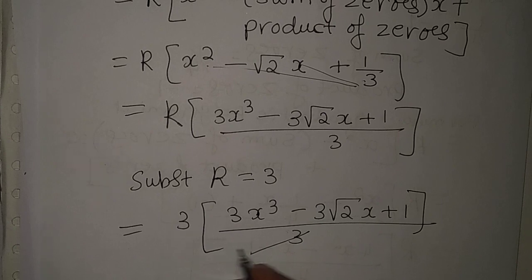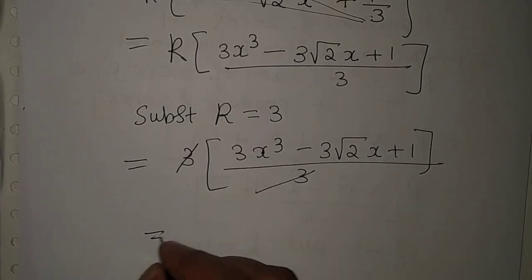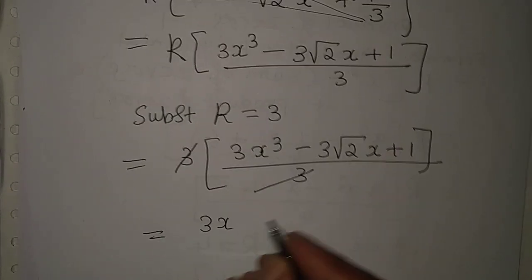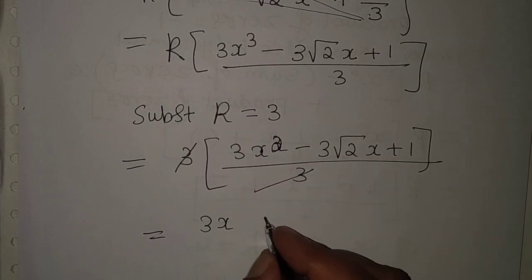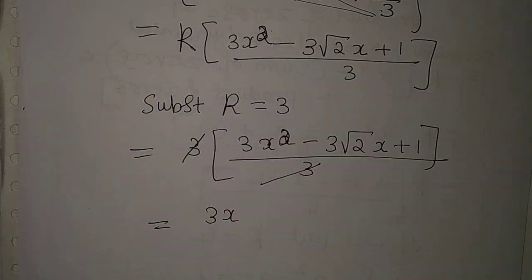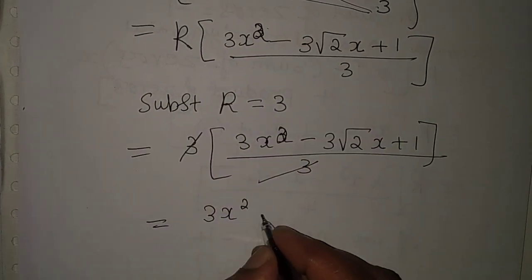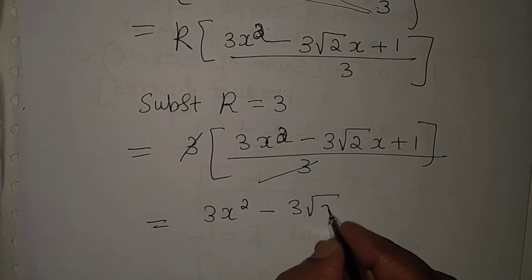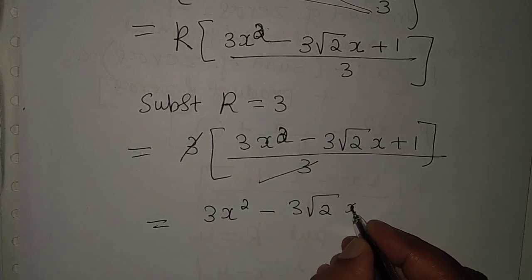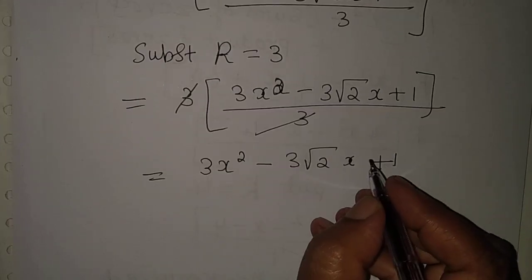Then this and this cancel. Finally 3x square minus 3 root 2 x plus 1.